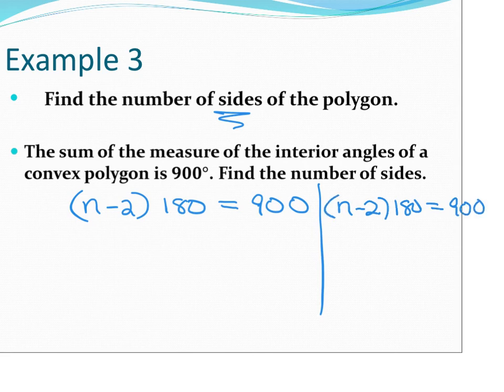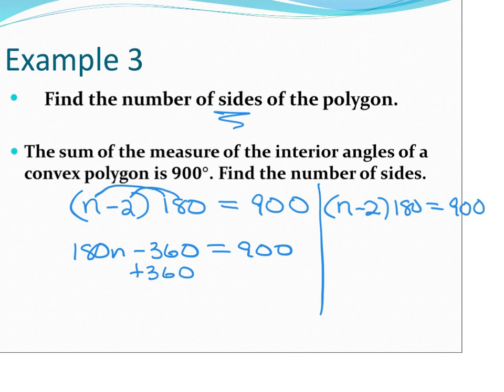We can distribute the 180 to the n and to the 2. And now I have a nice simple two-step equation where I'm going to add 360.